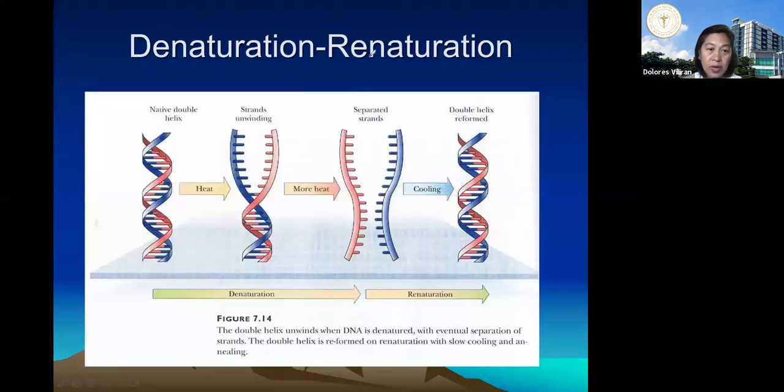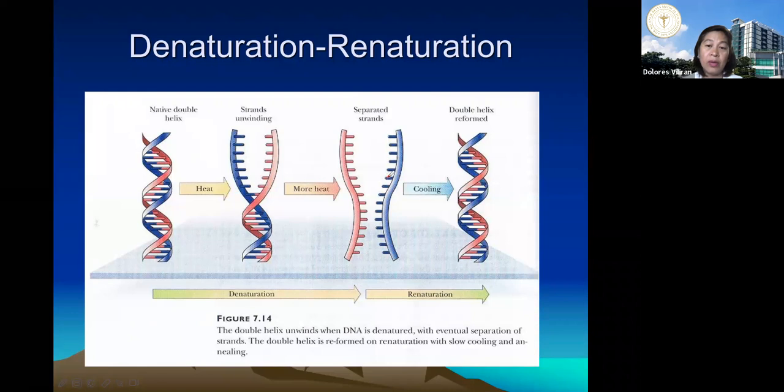So this is the illustration. This is the native double helix. You reach the Tm value of 87 degrees for mammalian DNA. Half of the strand is unwound, single-stranded. Half of the strand is intact. More heat, from 87 you raise it to 94 degrees centigrade, and completely you have denaturation of DNA, separated strands, single-stranded DNA.